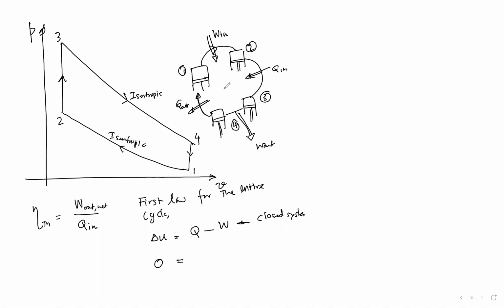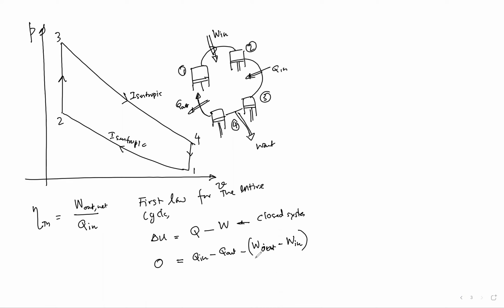And for Q, we have Q in minus Q out, minus W out, minus W in.